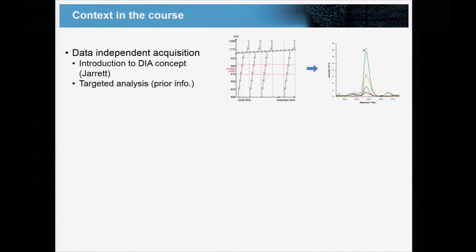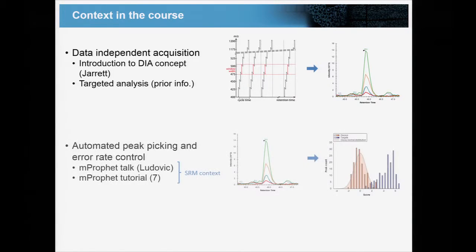So where are we in the context of the course? Jared just gave this nice introduction about the DIA concept and a little bit about targeted analysis. By going from DIA type data and doing an extracted ion chromatogram analysis, you can get to something that looks kind of like SRM data. Earlier in the day, Ludovic talked about mProphet, automated peak picking and error rate control, mostly in the SRM context.